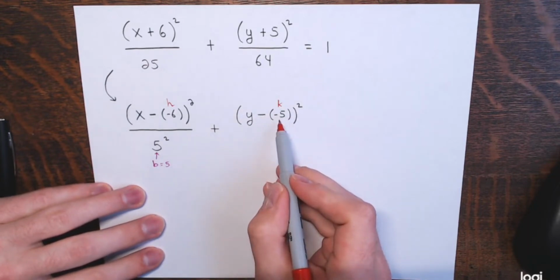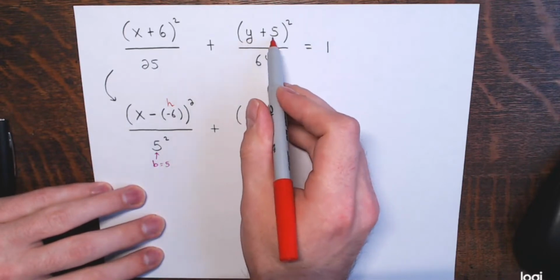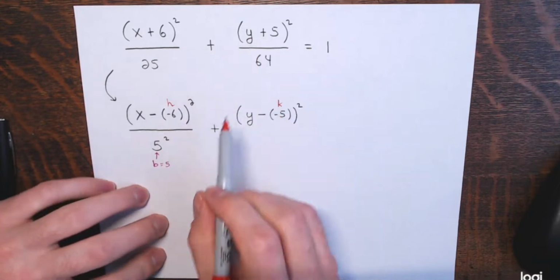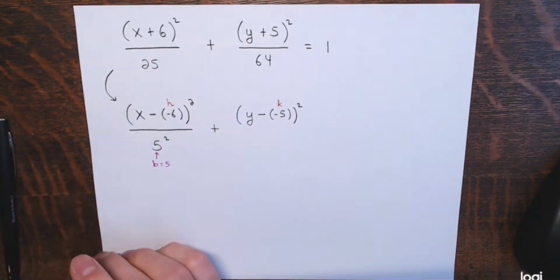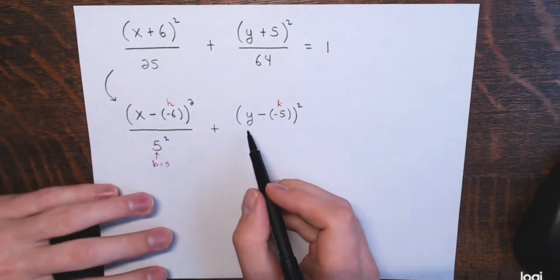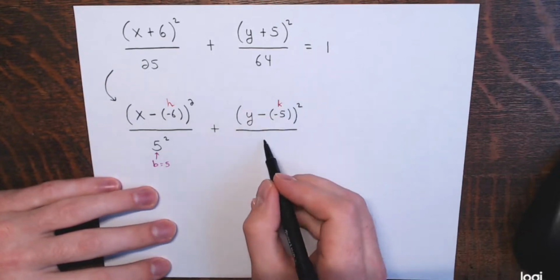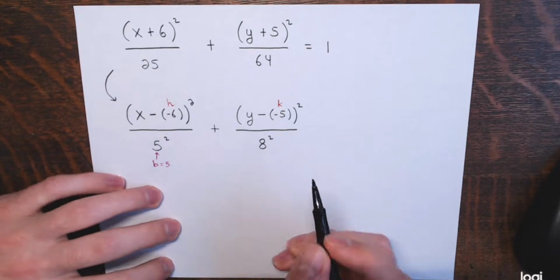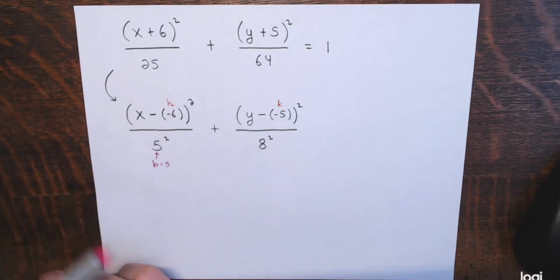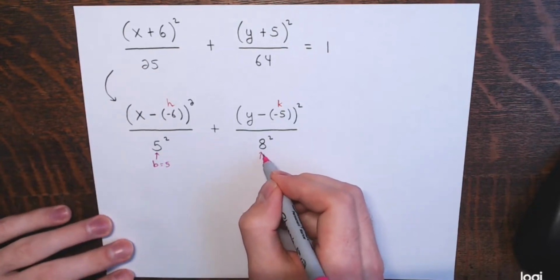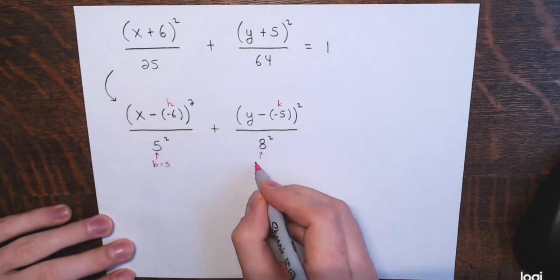And again, you can think of this pretty easily in another way. Just think of the y value you'd have to plug in to get 0 here. If you made these 0, that'll give you the x and y coordinate of the center of the ellipse. And then 64 is just 8 squared. So the value of a, and that's the larger of the two, is 8.